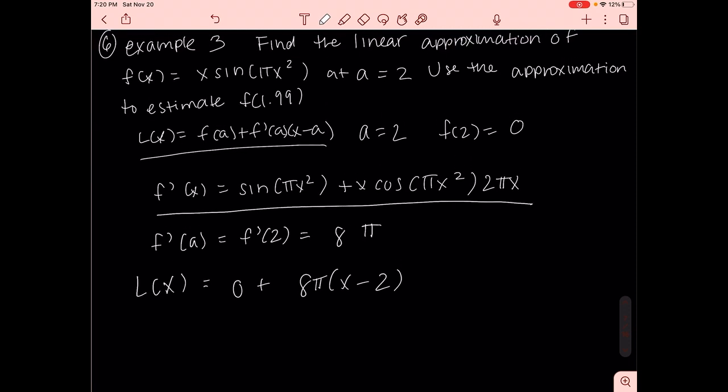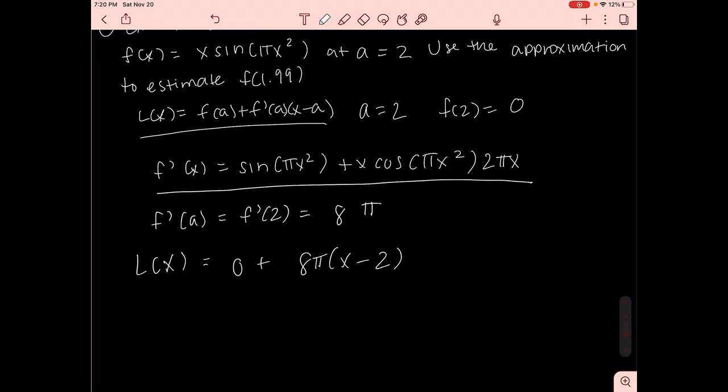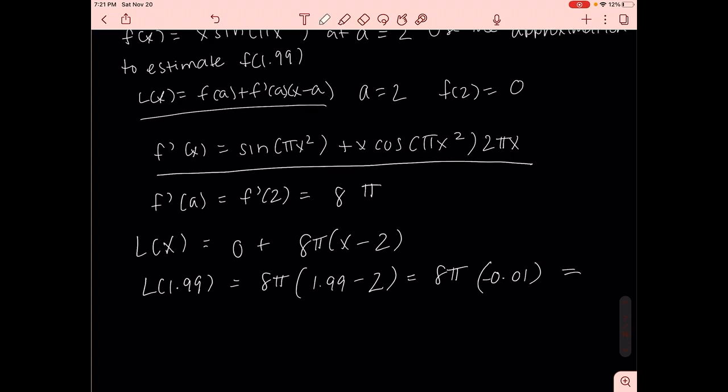And so now if we are approximating the value of 1.99, we get L of 1.99 is equal to 8 pi times 1.99 minus 2, and that's going to give us 8 pi times negative 0.01, which is negative 0.08 pi.